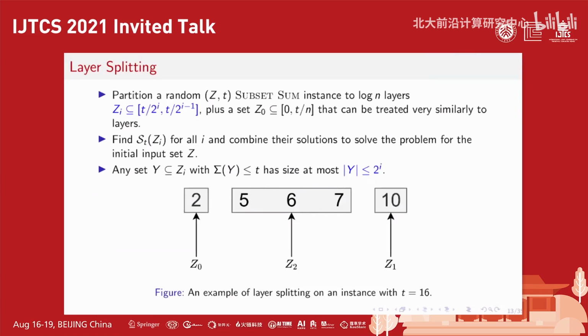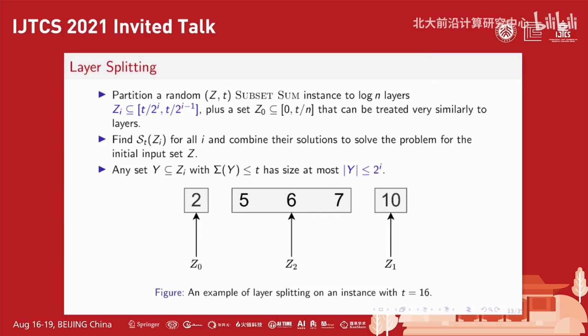Additionally, another technique we use is called layer splitting, where we simply split our input set Z into log n layers Zi, and solve the subset sum or the K-subset sum problem for each layer independently, and afterwards we combine these solutions to get the solution for our initial input set.